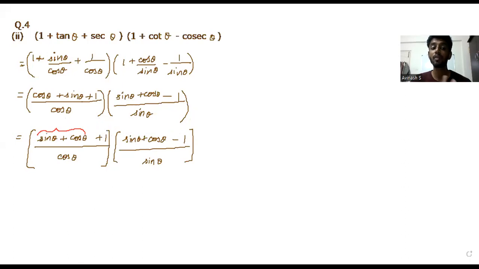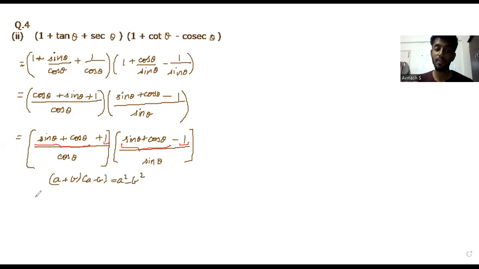But here we are applying it for 3 terms, provided the first 2 terms have been taken as a single entity A and the last term has been taken as a separate entity B. So when we do this, we get A plus B into A minus B, which is nothing but A square minus B square.